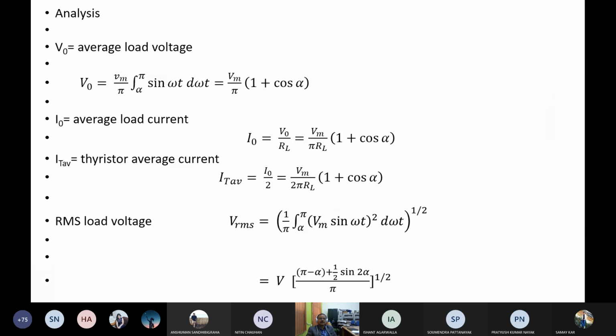Note down these equations. Remember here with resistive load, the average output voltage is Vm by pi into 1 plus cos alpha.